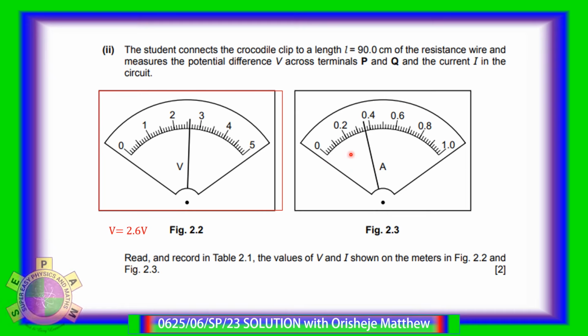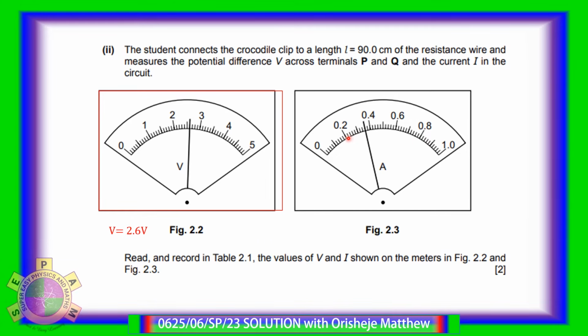Now let's go to the ammeter reading. If you look at the ammeter reading, this is 0.2 ampere. Then the next one is 0.4 ampere. So in between, this is 0.3. So between 0.2 and 0.3, it has been subdivided into 5 equal spaces.